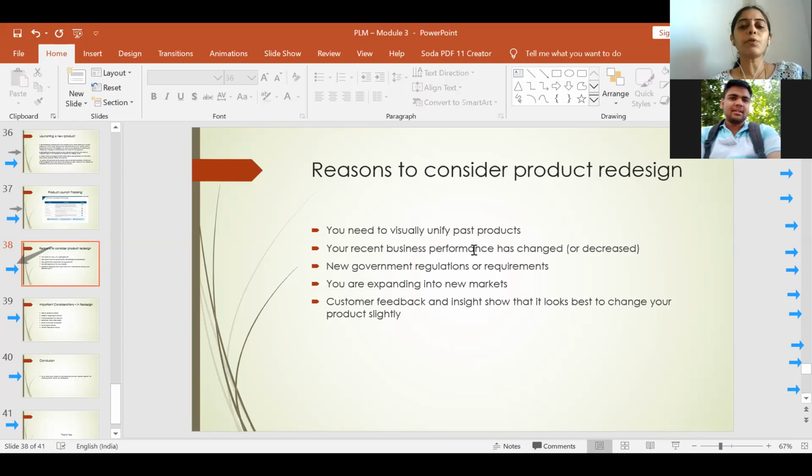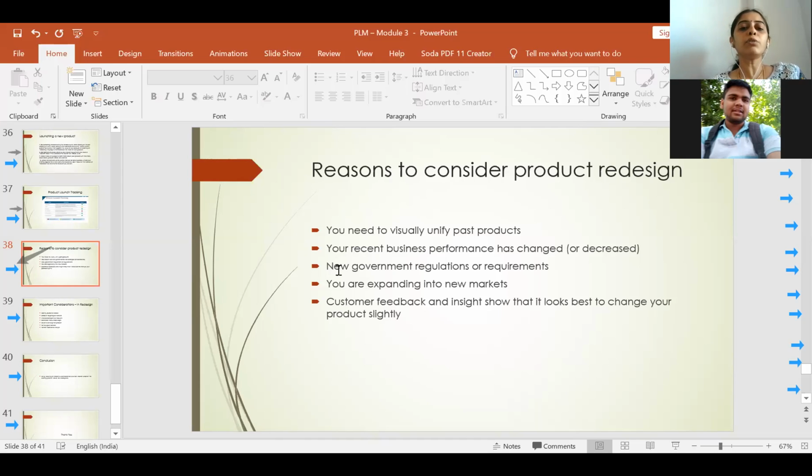If the business performance changed, it could be increased or decreased. If the business performance has decreased, then you have to talk with the customers to identify what could be the requirement for increasing the business performance. So then you'll come to know there are some suggestions from the customers. So then you have to go for redesign of it.